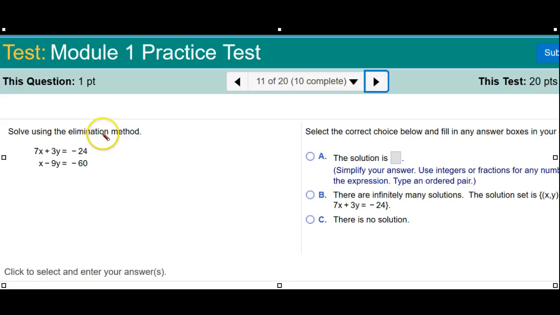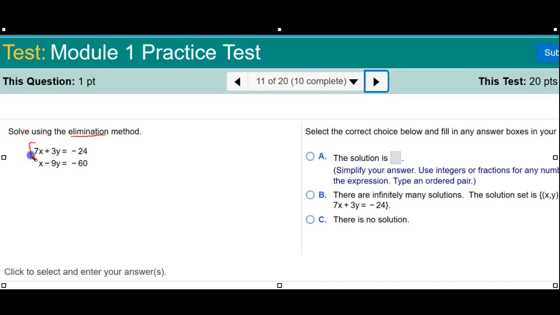Now, for this one, they're asking to use the elimination method. And you'd write these out nice and big. Now, I notice here we have a negative 9y. If this were a positive 9y, these would cancel out.